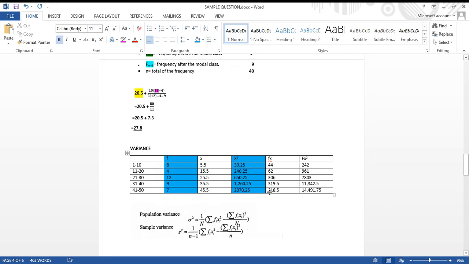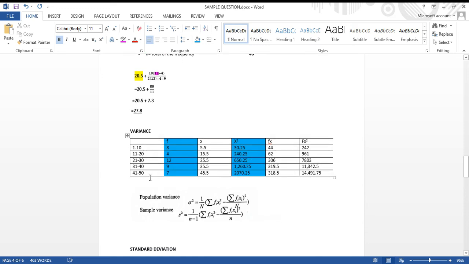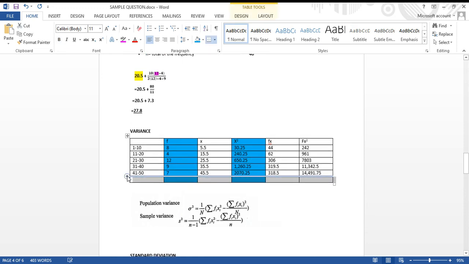Now first, we have to find the total of our frequency. If we remember from our previous calculations, it is 40.